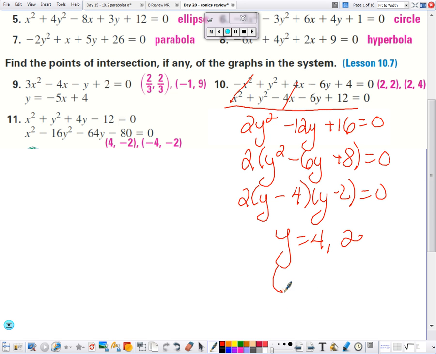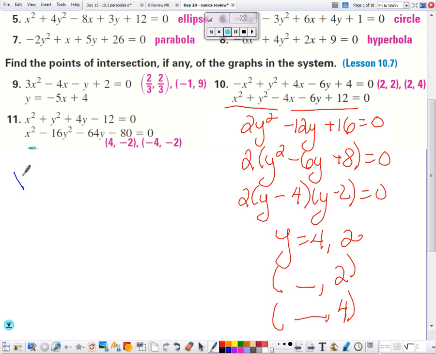Okay, so that means I now need my x coordinates for the corresponding y coordinates. Which equation should I use? Let's see, we're solving for x. So I think I'd like to substitute into the bottom one since both of my square terms are positive.